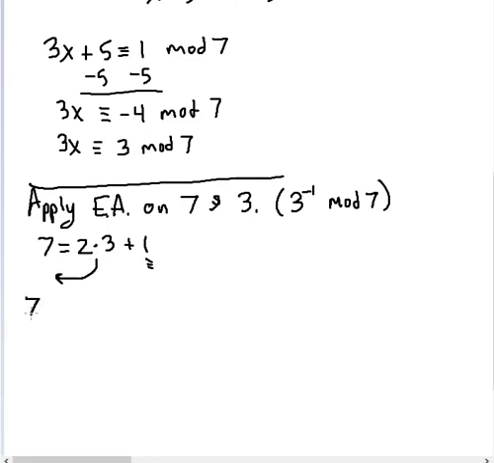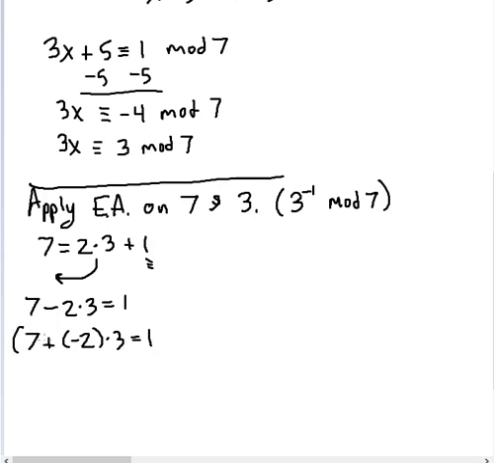And when I do that, I want to write it as 7 minus 2 times 3 equals 1. But even more specifically, I want to write it as 7 plus negative 2 times 3 equals 1. Trust me, there's a reason for this. Don't actually multiply anything out. I know it's 6, you know it's 6.